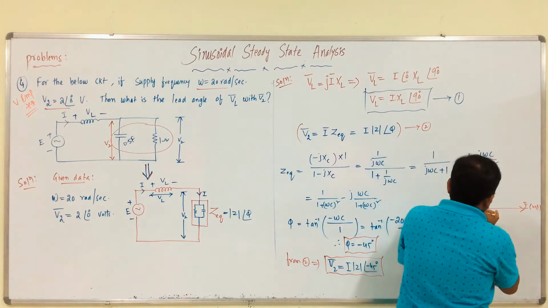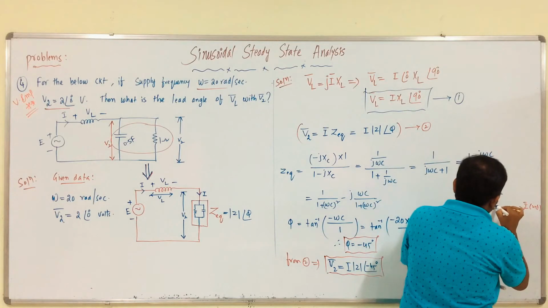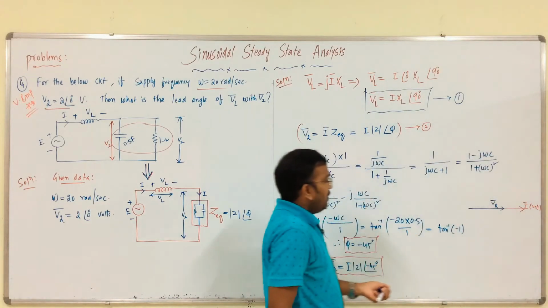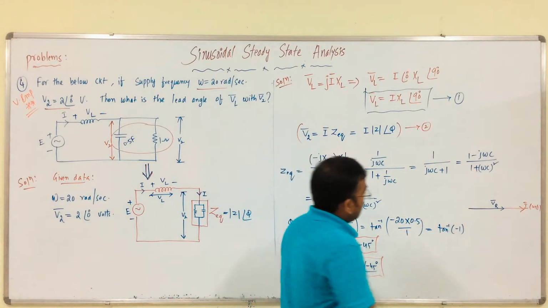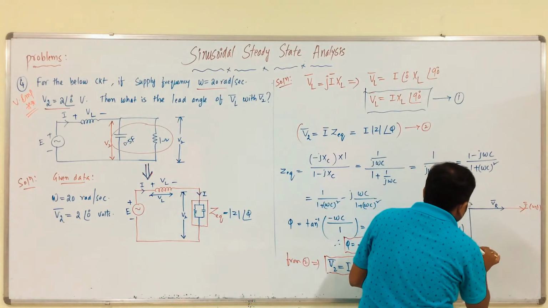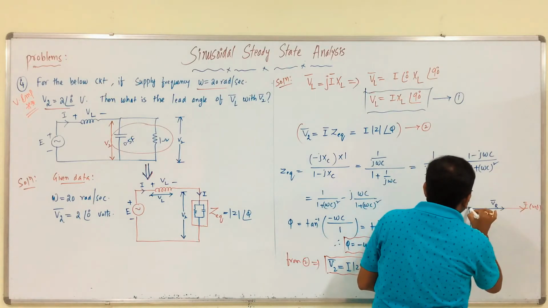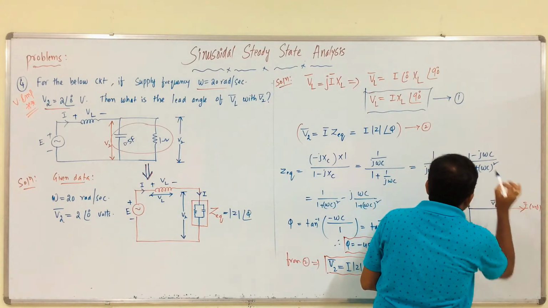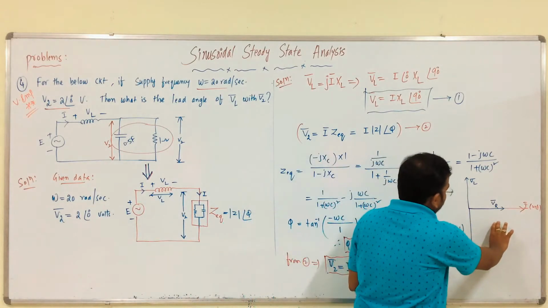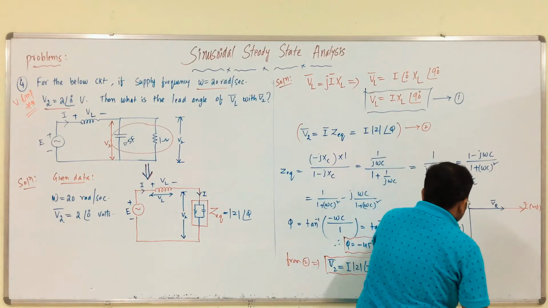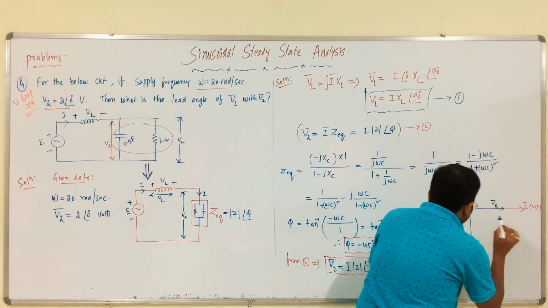So, we all know that this is VR, and here we have VC, and this is VL, right. This is the basic phasor representation with respect to a series circuit, right.